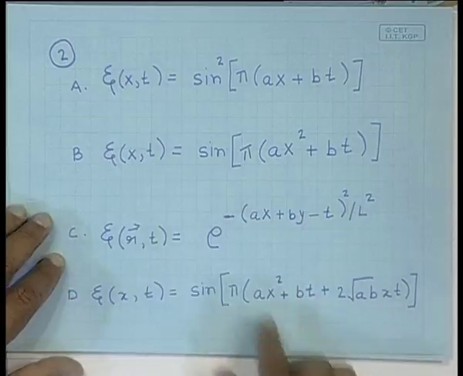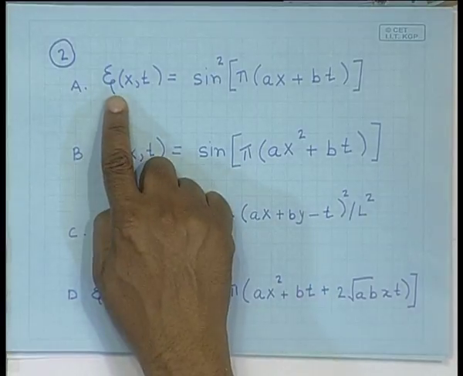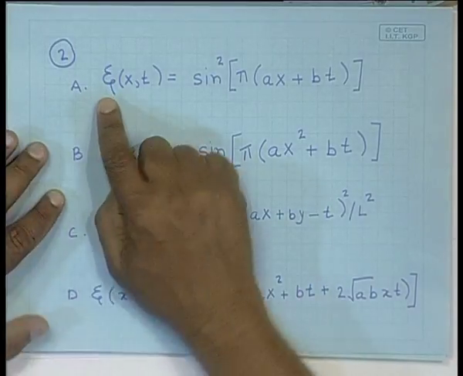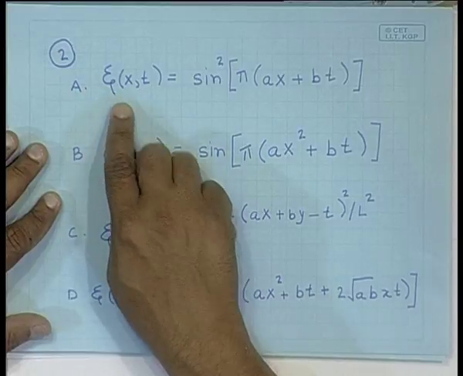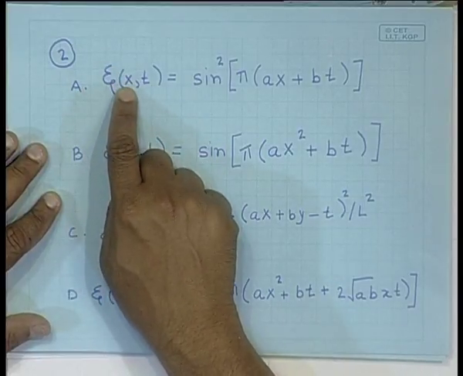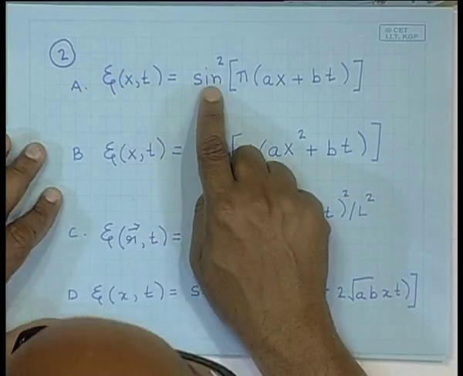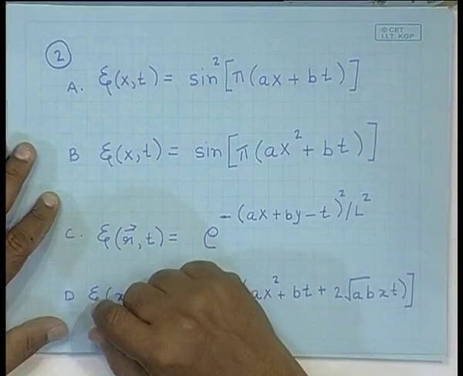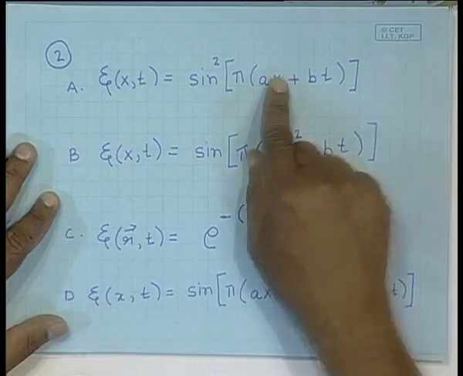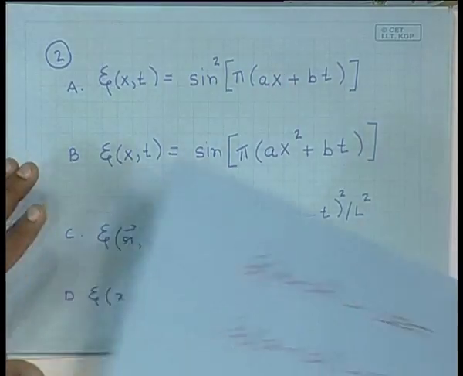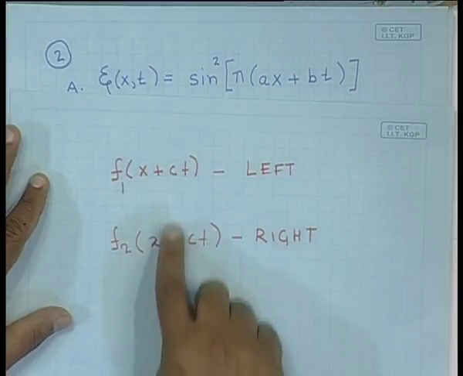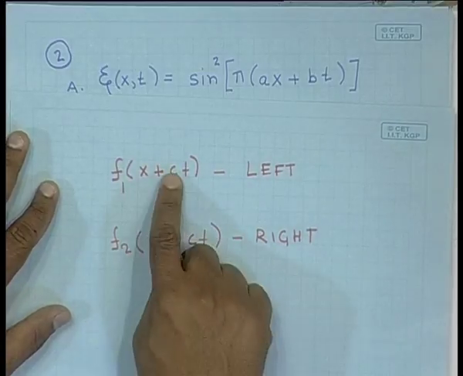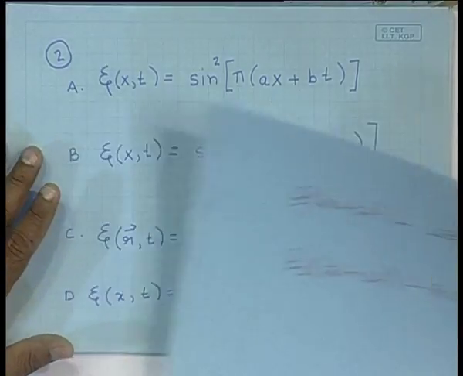So, let us look at the first expression that is given, A. In this expression, we have the displacement as a function of x and t, and it is sine square pi (ax plus bt). The question is, does it match with any of these two standard forms for the left or the right travelling wave?